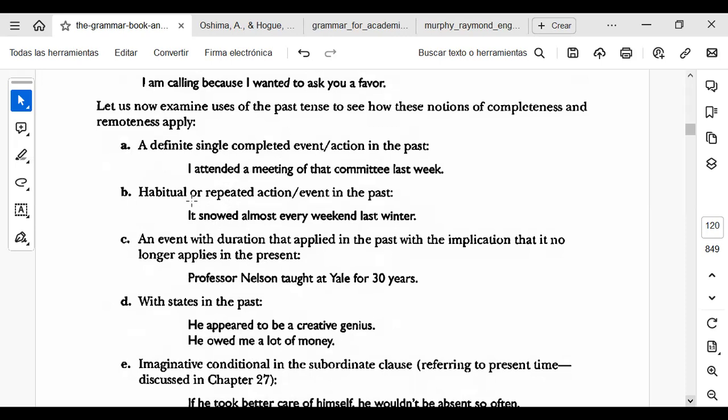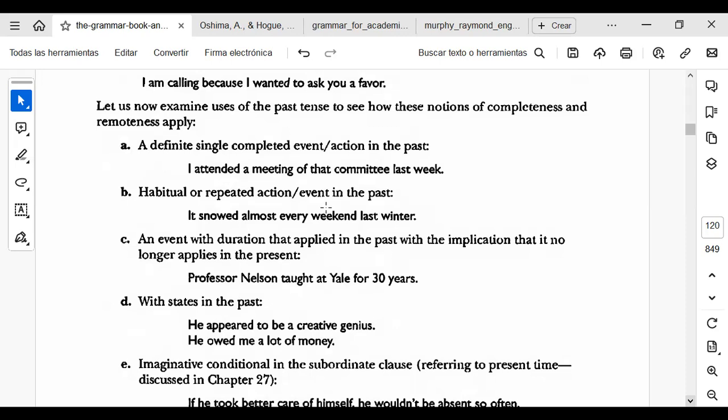In the next example, it says habitual or repeated action or event in the past. So, it snowed almost every weekend last winter. So it means that it wasn't just one time, it was many times. Then you have on C, an event with duration that applied in the past with an implication that it no longer applies in the present.